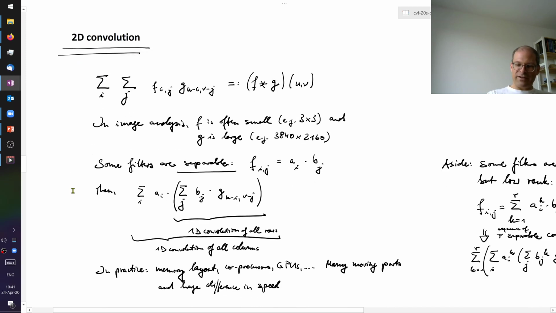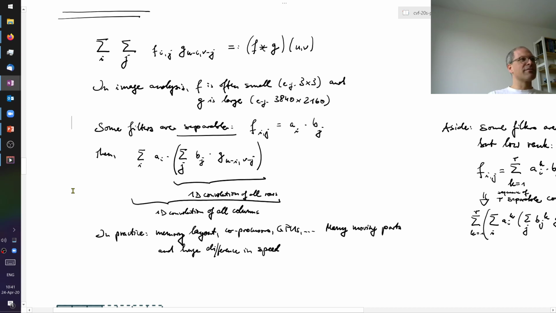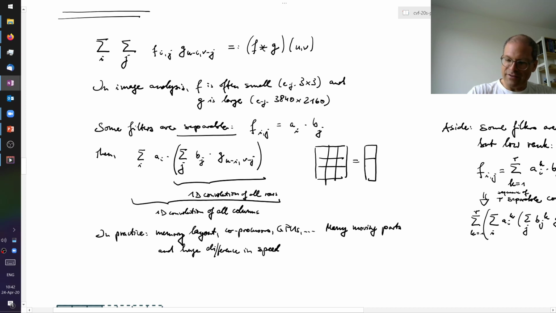Now what's special is that in 2D, some filters are separable, meaning my filter at coordinate i and j can be written as an outer product. And I mean this literally. So a 2D filter is, of course, a small matrix. So if I just take a 3x3 filter, to be explicit, I can write this as an outer product between a column vector and a row vector.